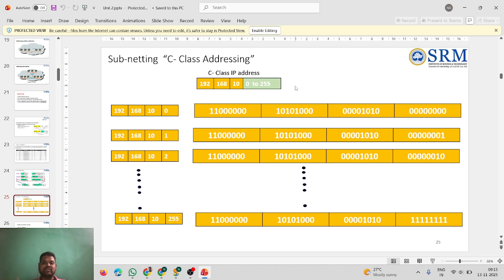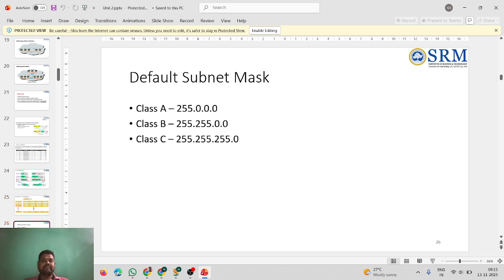So you have to do a logical AND operation between the IP address and the subnet mask. Then the resulting binary values will be converted to decimal for the final network address, right? So this is the basic concept of subnetting, right?